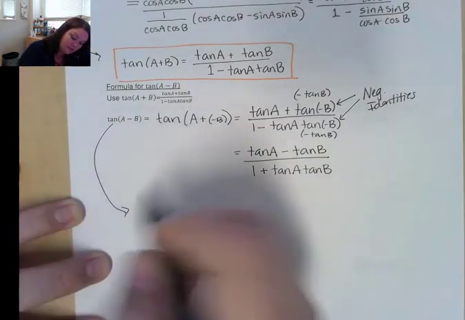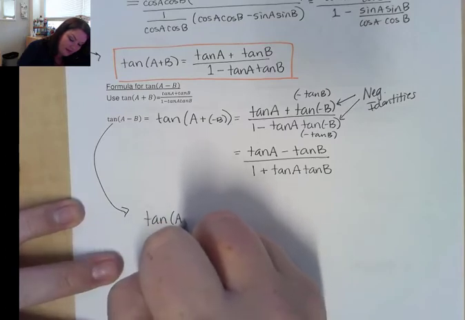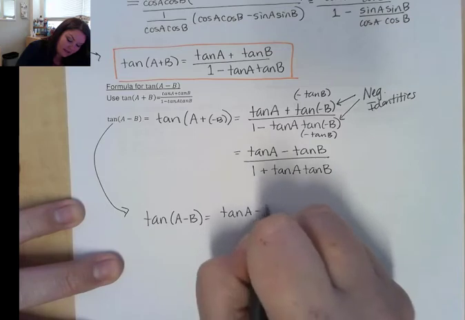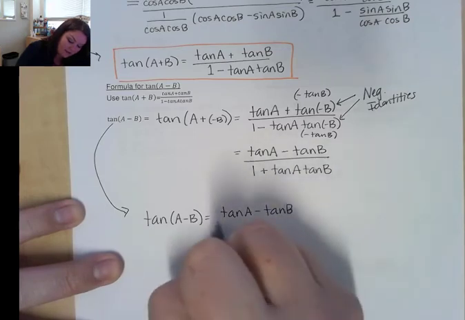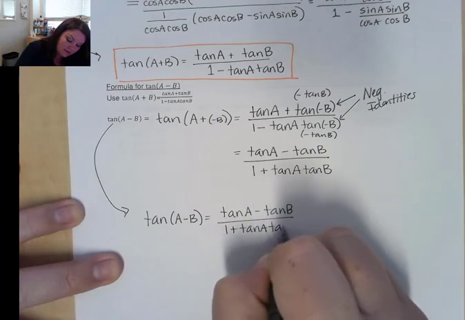So that tells me that tangent of A minus B is equal to tangent A minus tangent B all over 1 plus tangent A tangent B.